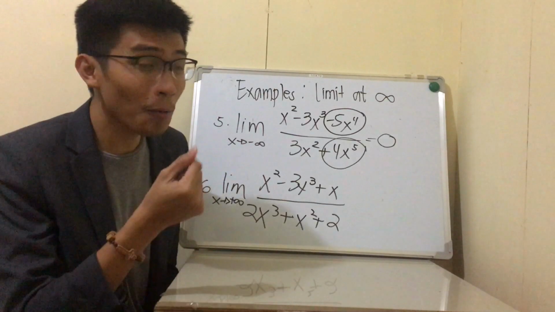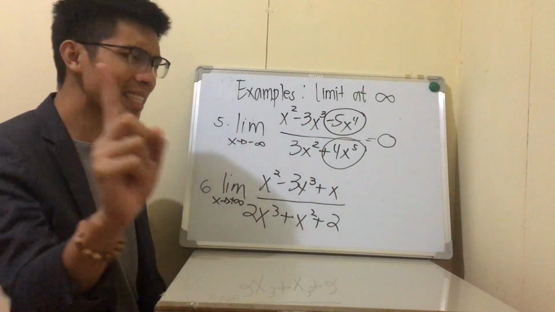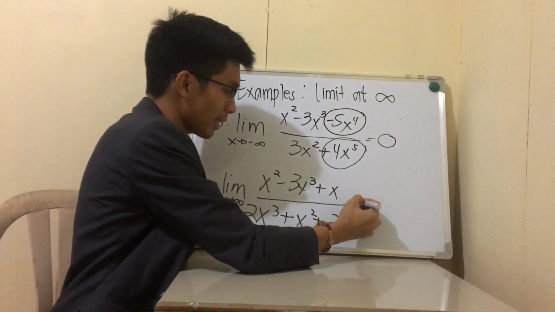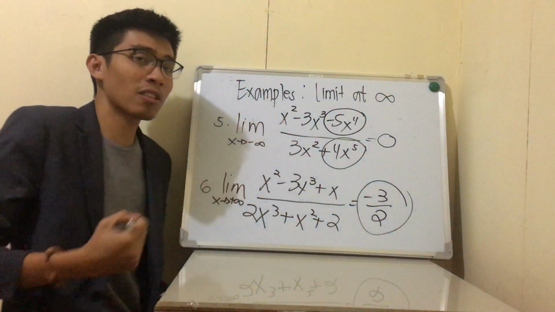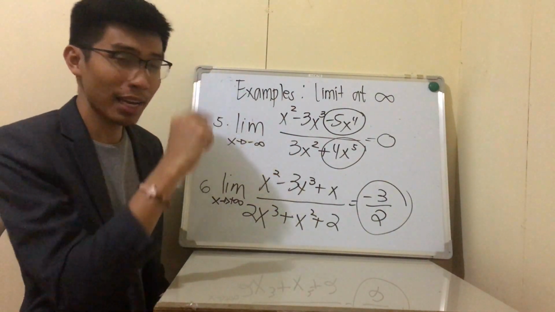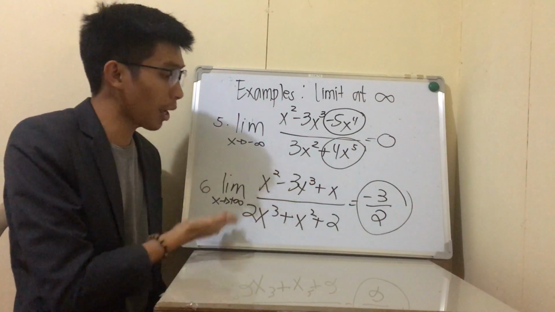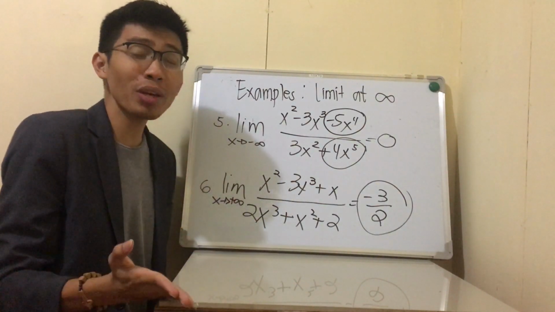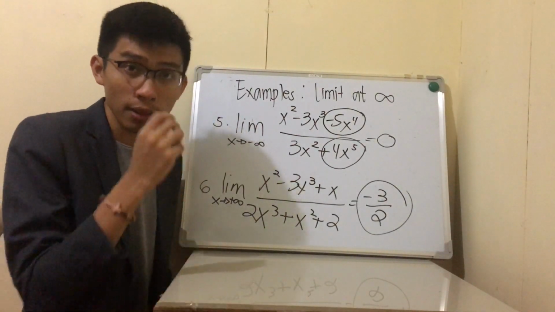Okay, time is up. What is the answer for this problem? Very good. The answer for this problem is negative 3 over 2, or the limit of this function is negative 3 over 2. Why? Again and again, if you encounter this kind of problem, you have to identify the leading coefficient of your numerator and denominator.